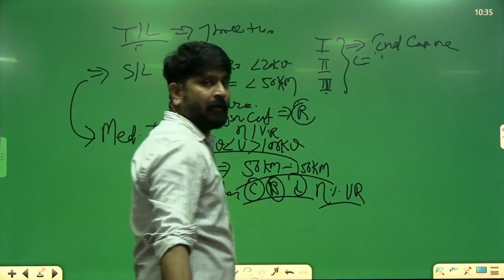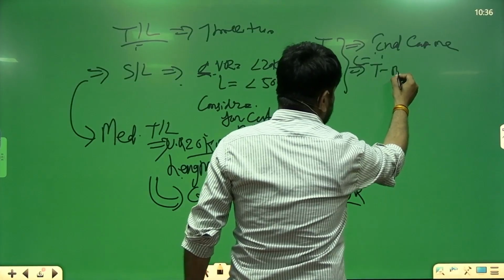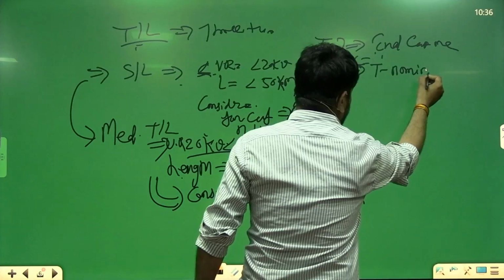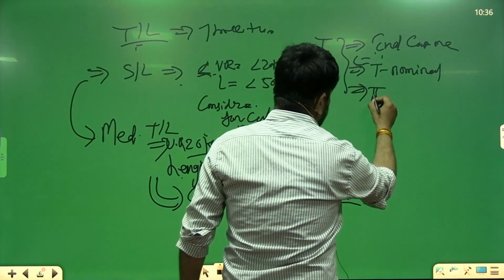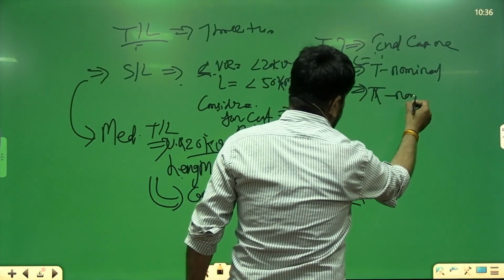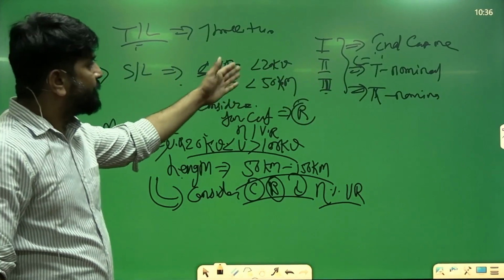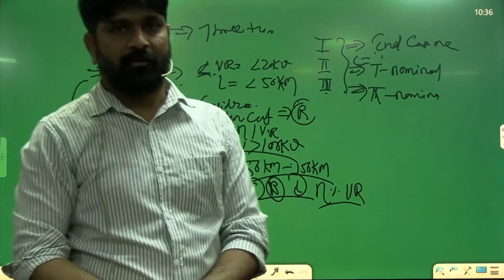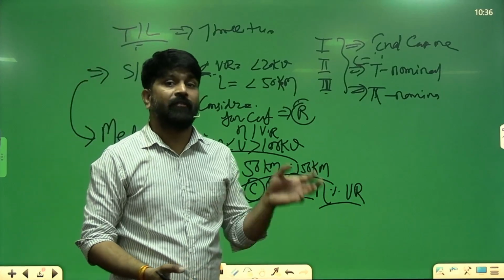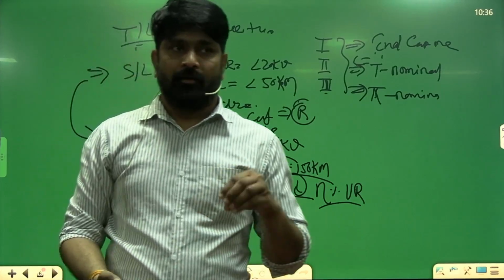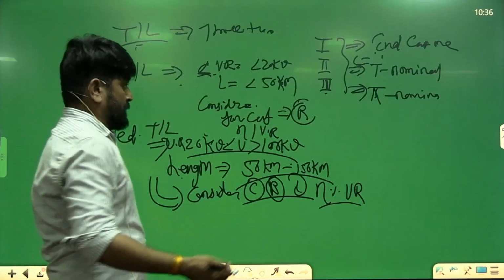The second we call the T nominal method, and the third is the pi nominal method. All these methods depend on the capacitance, where we use a capacitor in the transmission line to find the efficiency and calculate the voltage regulation.